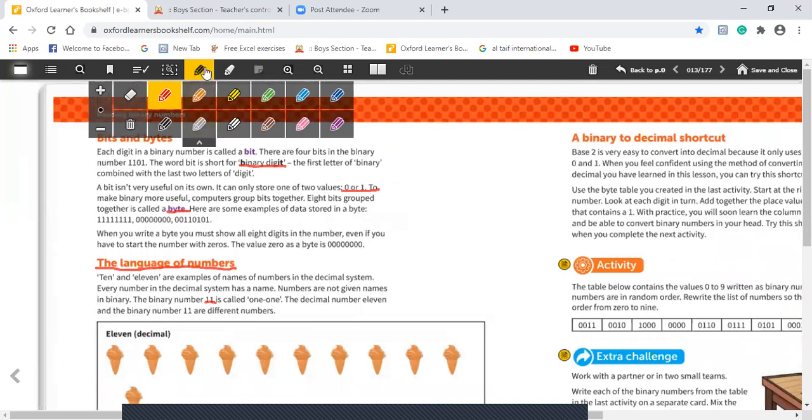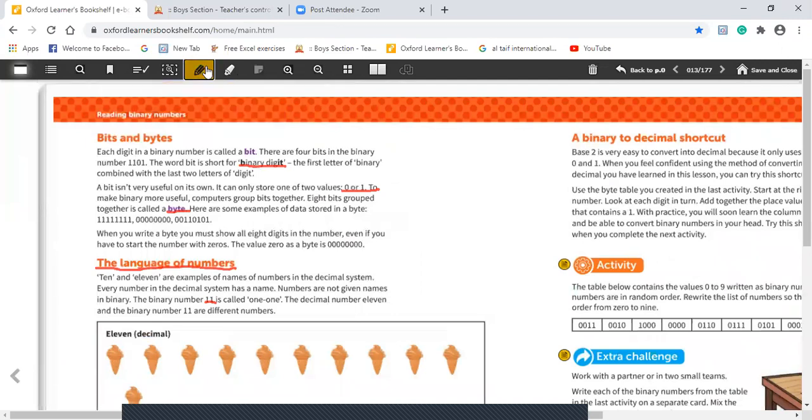So let us make some conclusions. We took the binary system, the decimal system, the octal system, and moreover, we came to know the bits and the bytes, and how we can read binary numbers, and also how we can convert from binary to decimal.